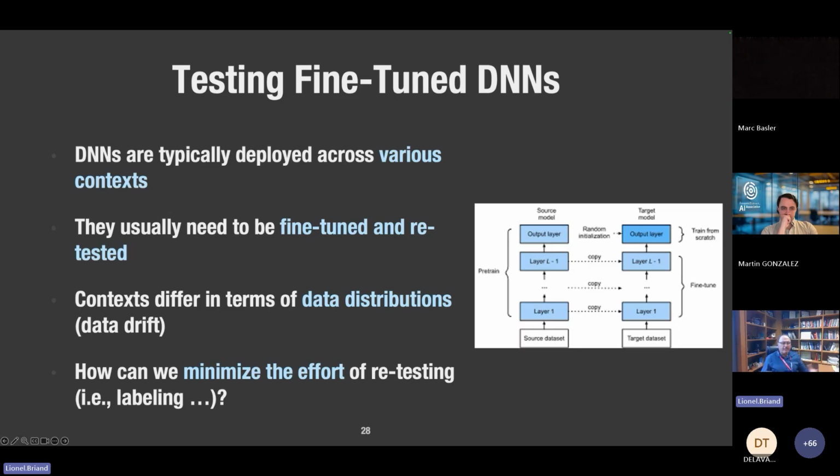So people train generic models, and then they fine-tune them in different contexts based on different data distributions. But then every fine-tuned model has to be retested. You can't just trust the fine-tuned model, but you cannot test every fine-tuned model from scratch. It's too expensive. So you need a smart way of testing fine-tuned models that allows you to reduce the cost of testing.